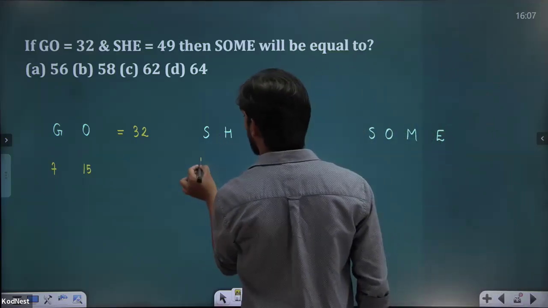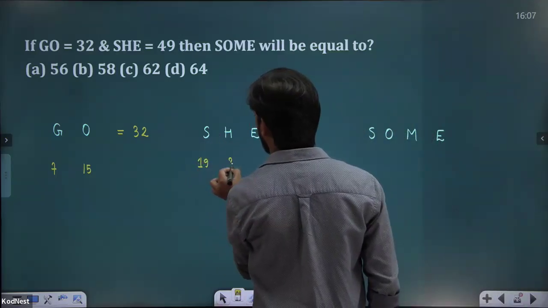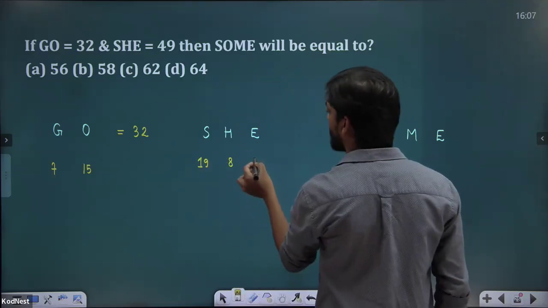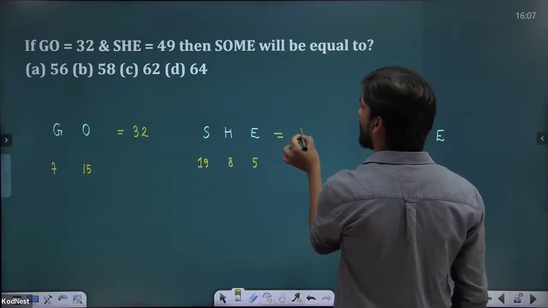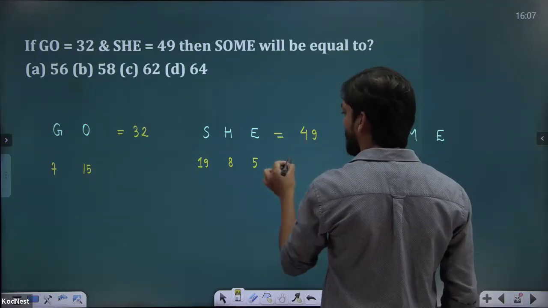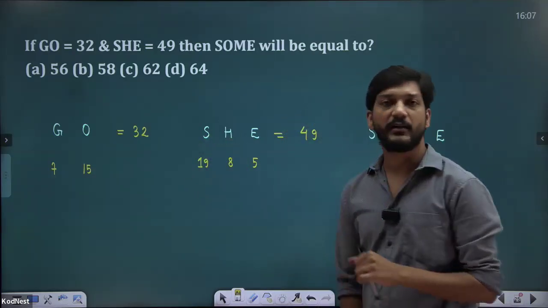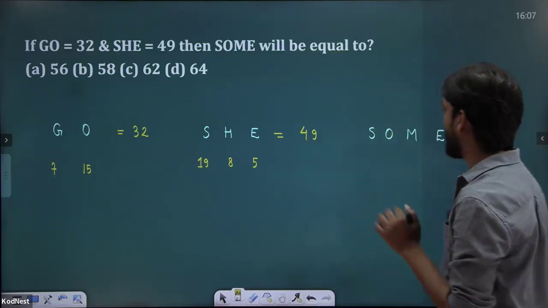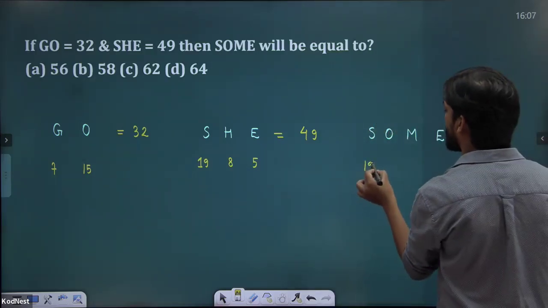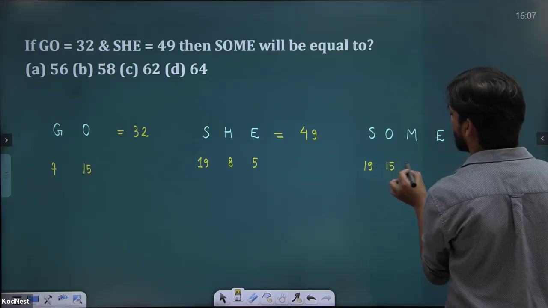Similarly, let's write for this also: 19, 8, and E value is 5. Anywhere, anyhow, try that. Can you get 49 with these three numbers? No. Okay.